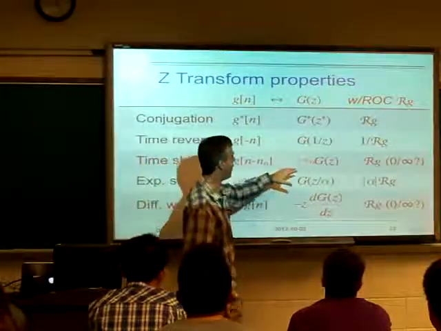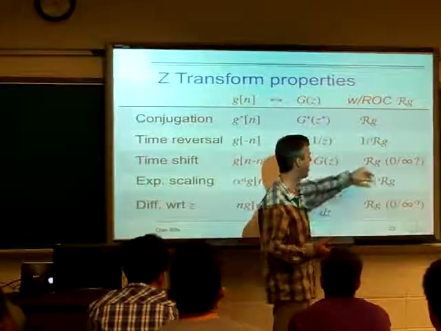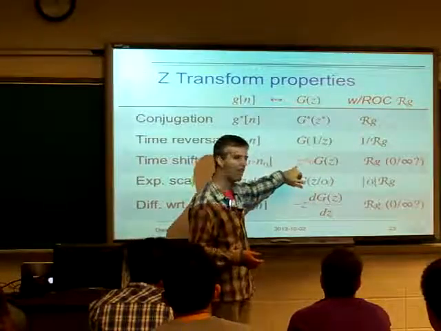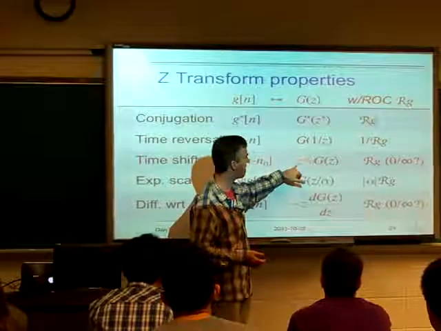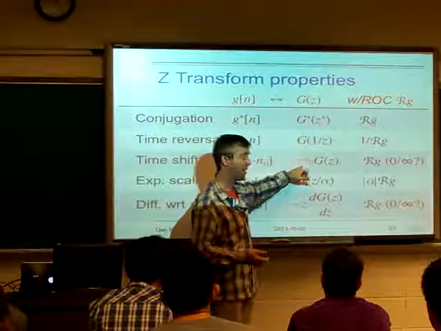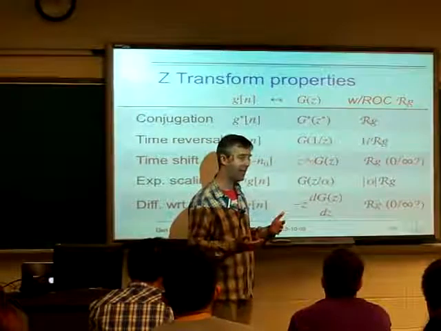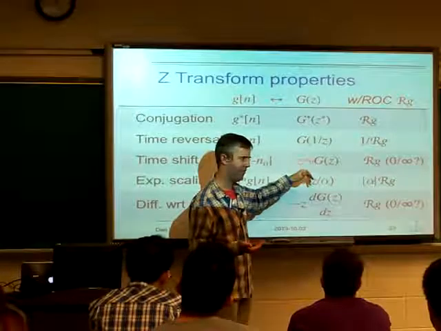If we delay something, we don't really expect its convergence properties to change, right? So the region of convergence stays the same. Of course, if we have an expression and we multiply it by z to the minus 1, and then we try and evaluate it for z equals 0, then we've got a 1 over 0 term in here.